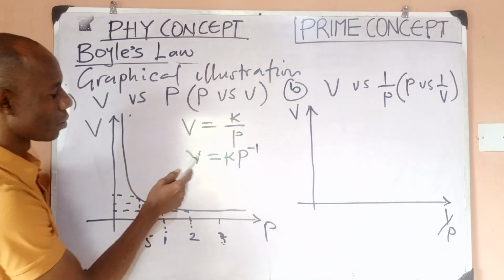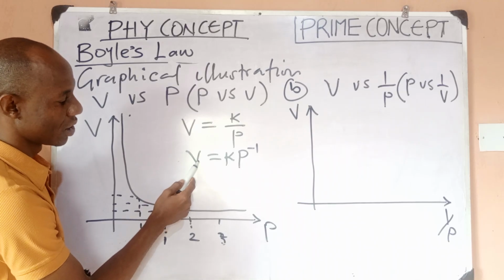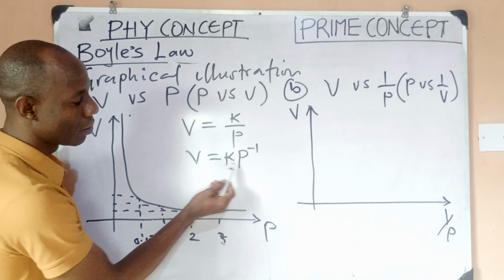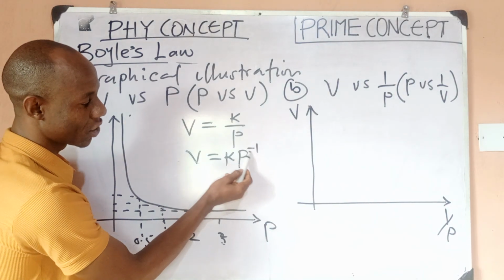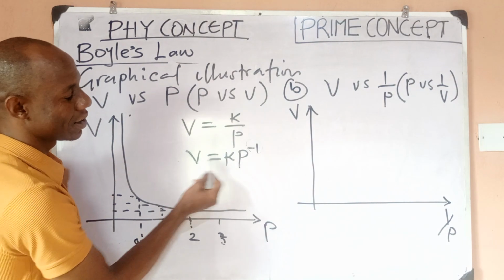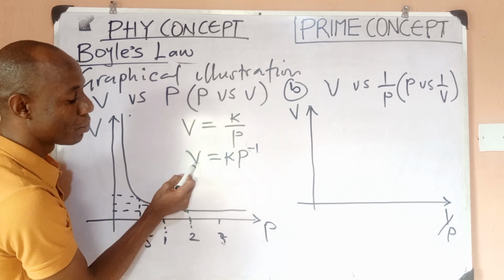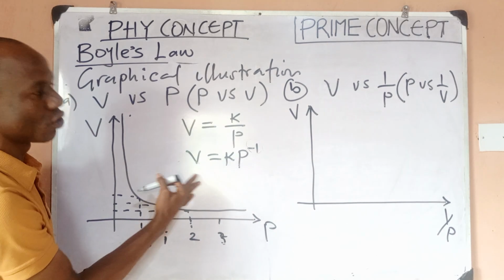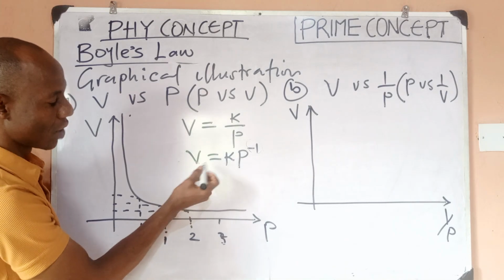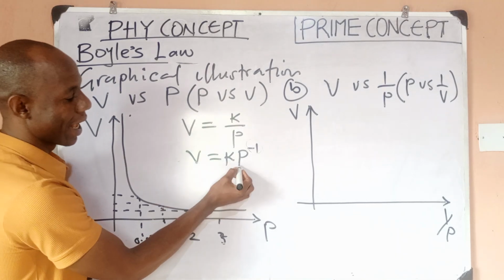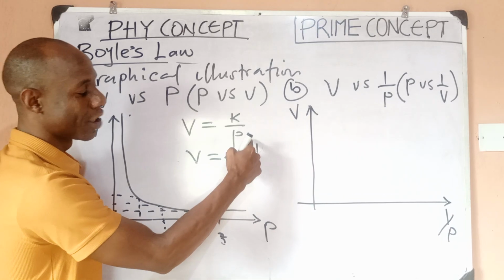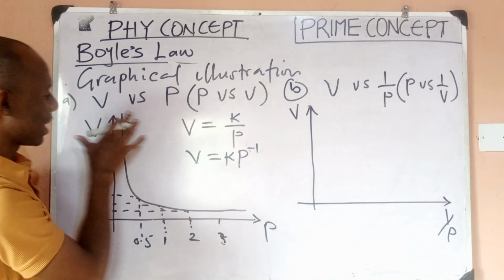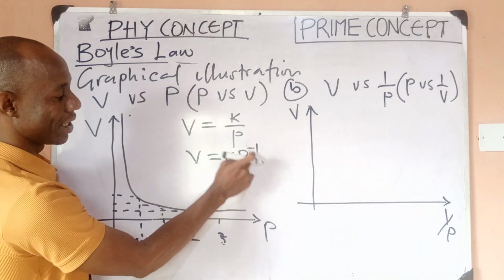Now, if I want to plot a graph of V, which is volume, against pressure, you would notice that I'm just plotting volume and pressure, but this pressure is carrying a power. Since your pressure is carrying a power, but I'm only plotting the volume and just the pressure, not the power, it simply means it's going to be a curve, right? When you plot a graph of this and this quantity without including the power, you would have a curve. So I plotted in this first case volume against pressure. I didn't include the power.